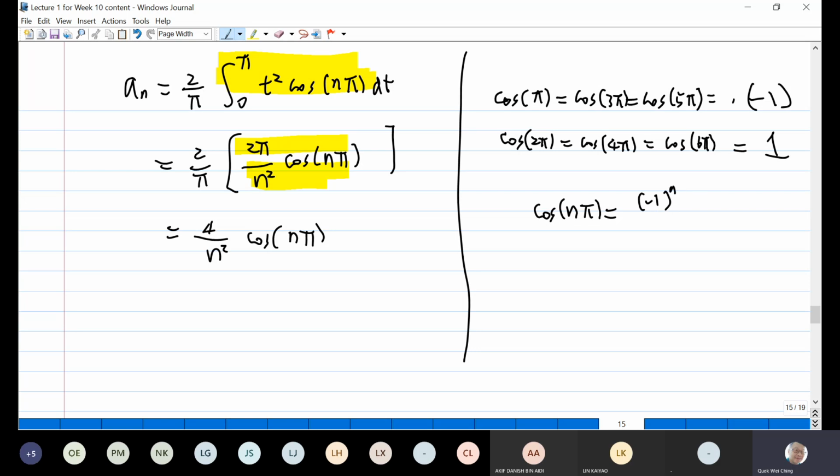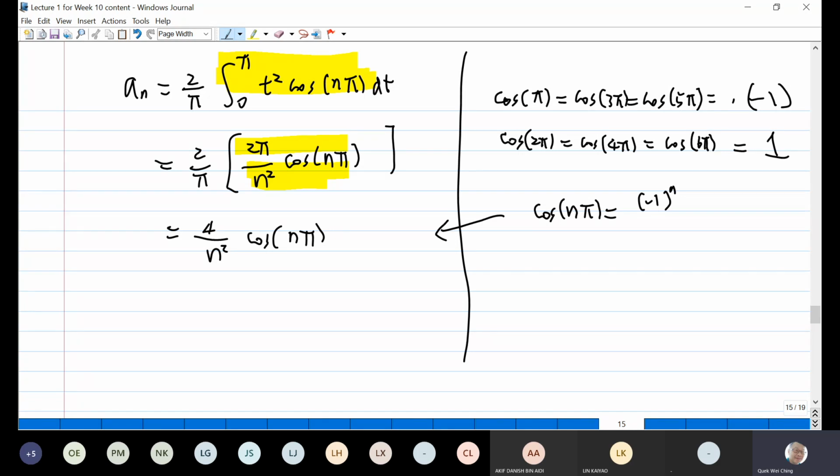So n is 1, you get -1. N equals 2, you get 1. N equals 3, you get -1. That's why you got this pattern. This cosine n pi is -1 power n. Based on this, you can check: n equal 1, what happens?